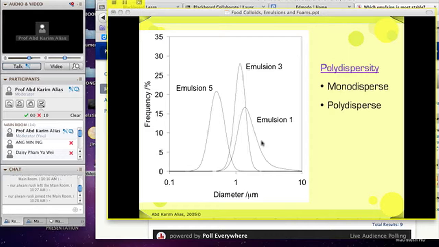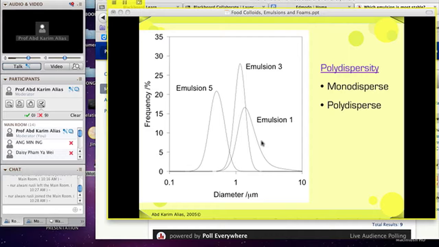Then when we have this instrument and this diagram, we can do experiments using different types of emulsifiers and stabilizers. Then we measure the size distribution again as a function of time. The experiment will tell us which emulsifier and which stabilizer would be the best in order to give the kind of stability that we want for our emulsion.